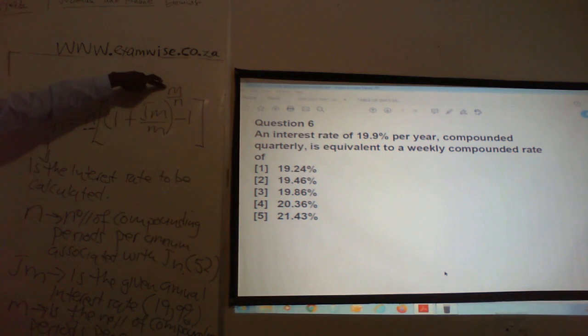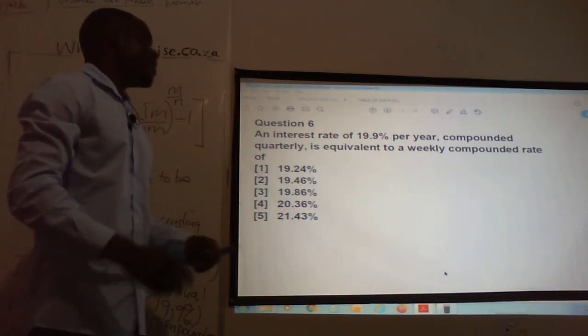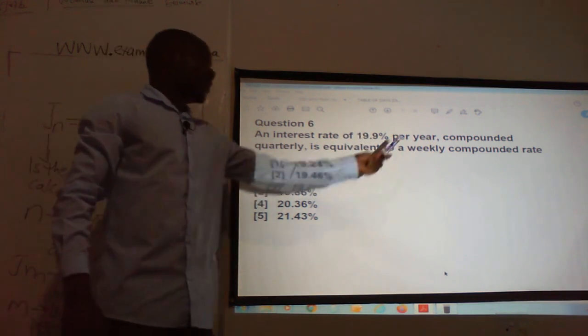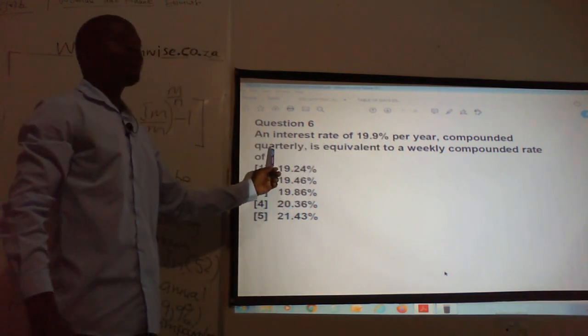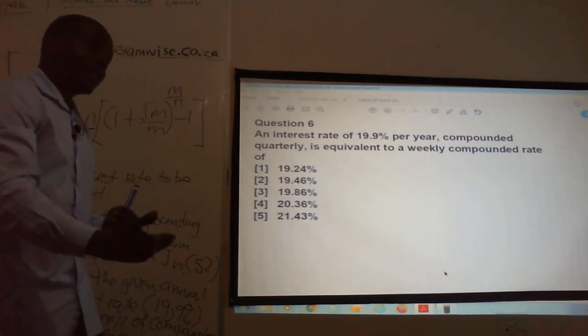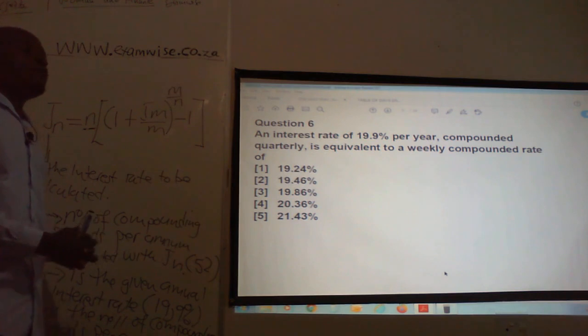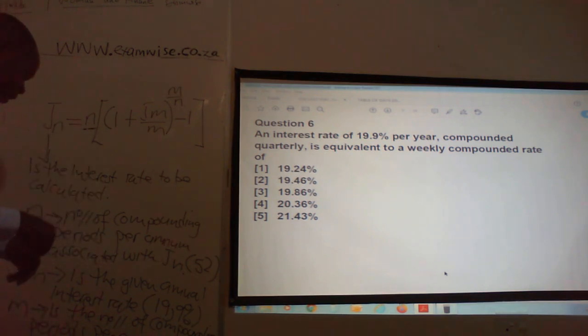So here we have M, and we know that M is the number of compounding periods per annum associated with Jm. Under Jm, which is 19.9% per year, they said compounded quarterly. After every quarter, interest is compounded, so we have 4 quarters in a year.